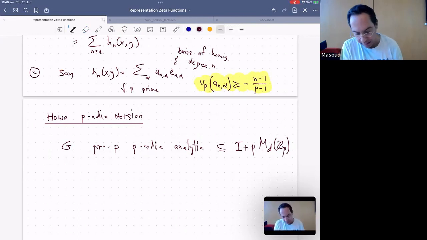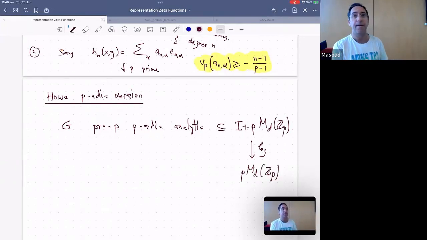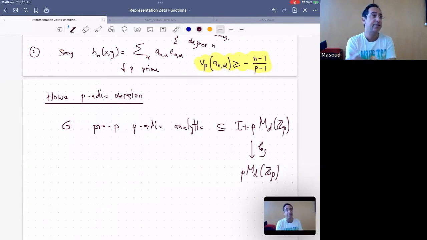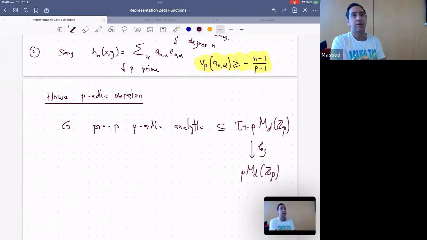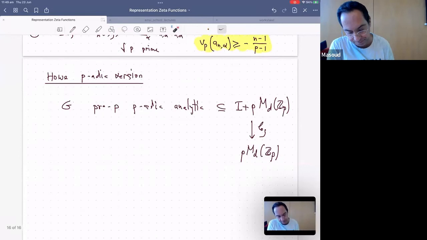And now I have the log map, and that takes me to pM_d(Z_p). The log map as a power series. And the exercise that you did for Z_p works here as well. You just need to see that it works in the non-commutative setting. So you need to adjust your solution and see that it also works for matrices.